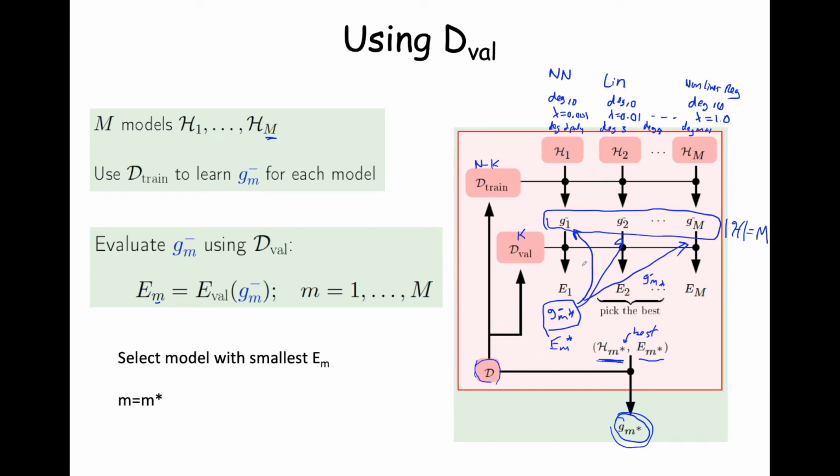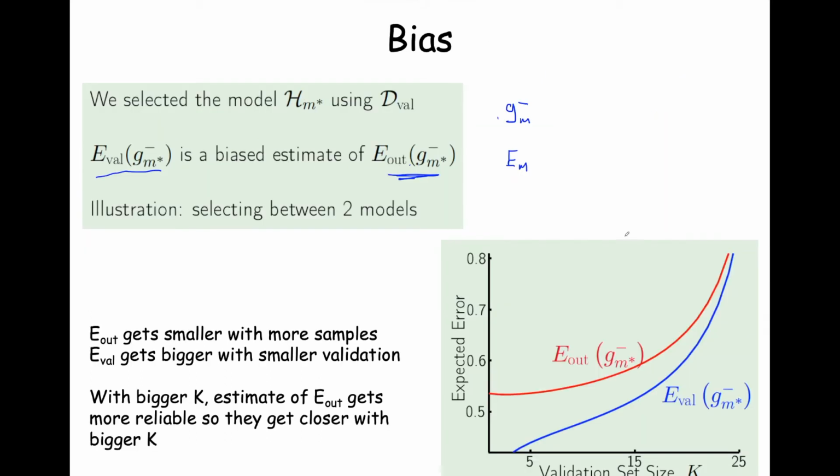We said that validation error is an estimate of out-of-sample error. So the validation error associated with the best of these limited final best hypotheses is an estimate of E_out of g_m star minus.